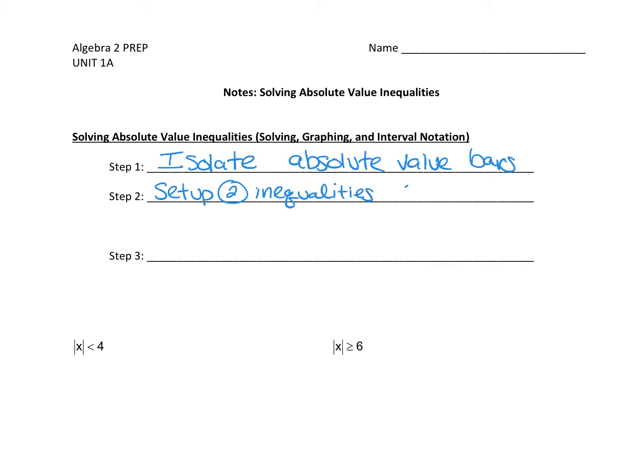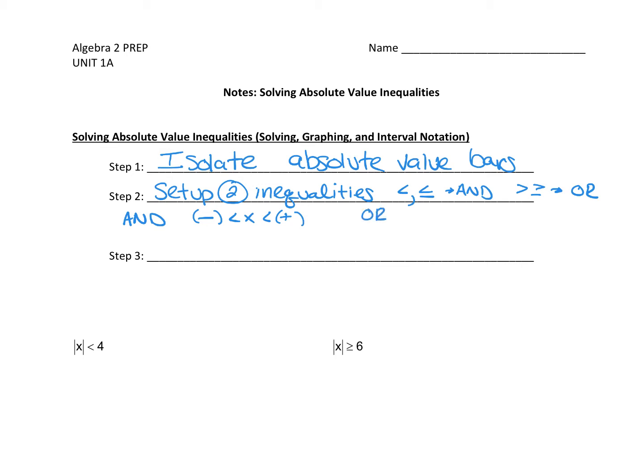If we have a less than or equal to, this is going to be an and compound inequality. If we have a greater than or equal to, this is going to be an or. When we have an and, our 2 inequalities are going to look like a compound where we have the negative is less than x, which is less than the positive number.